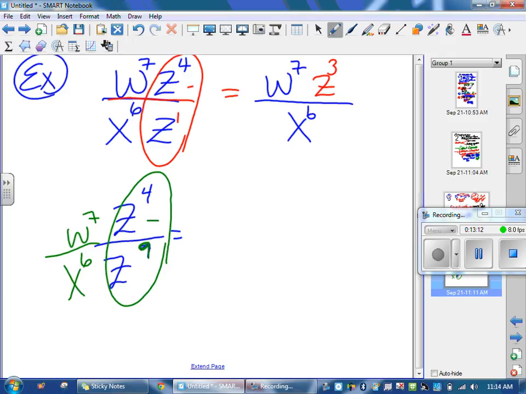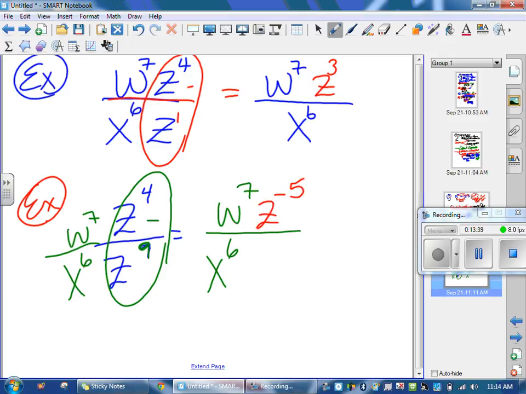W7 doesn't move, X6 doesn't move. Where's Z9? I just did another example. So now these guys you subtract, you would get Z -5.